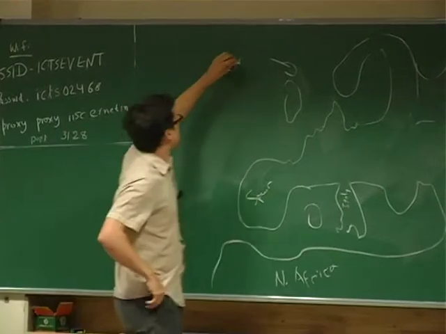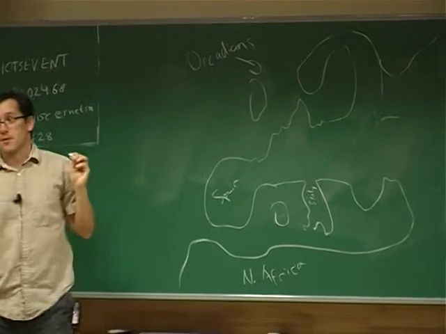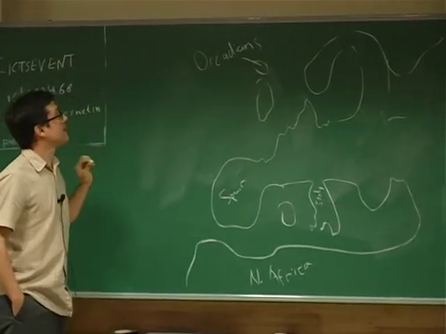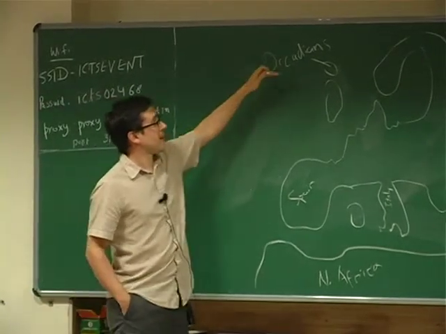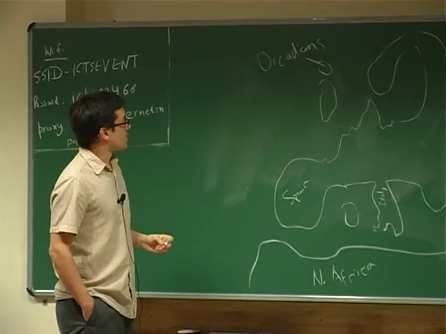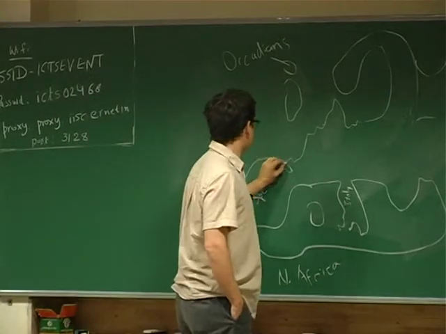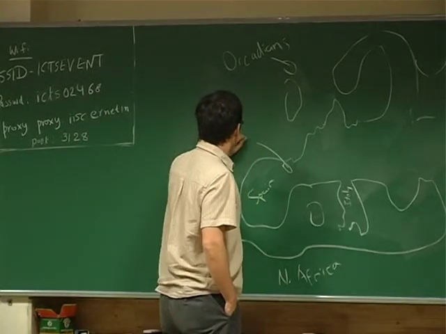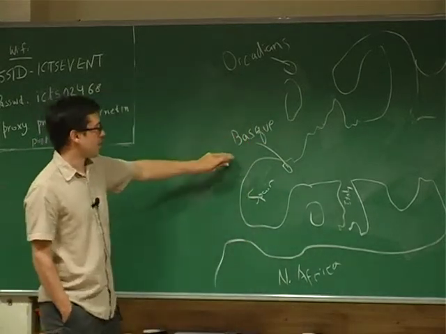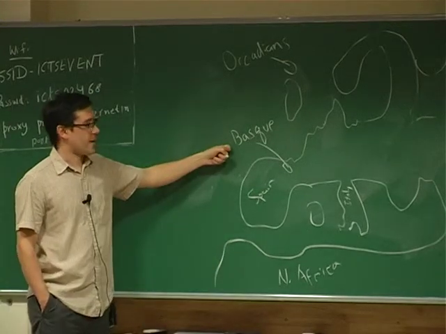Orcadians, yeah, from the Orkney Islands. So if you're a fan of Scotch, you might know of the Orkney Islands and the fine scotches that are made there. And so this is an isolated population from these islands at the very tip of Scotland. Then there's a sample from the Basque, a population from the mountains between France and Spain, who are thought to be very isolated.